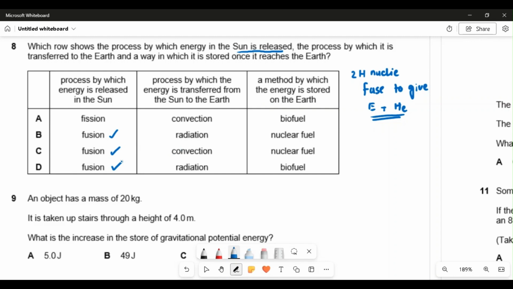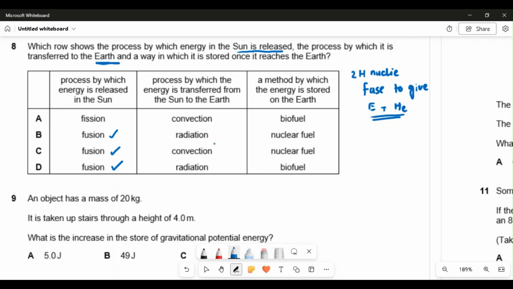Second thing, by which process it is transferred to the earth. The radiations are the main source that carry energy, or thermal energy, from the sun toward the earth, because we don't have any material inside space. So electromagnetic radiations, in the form of thermal radiations, are reaching.